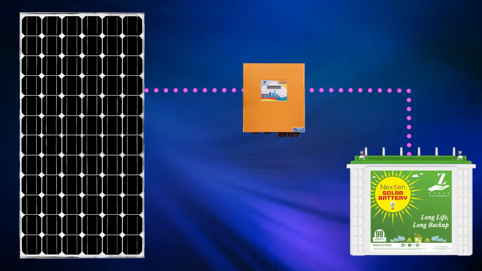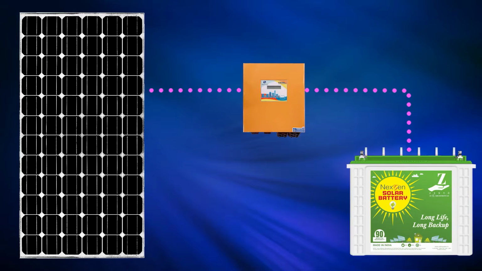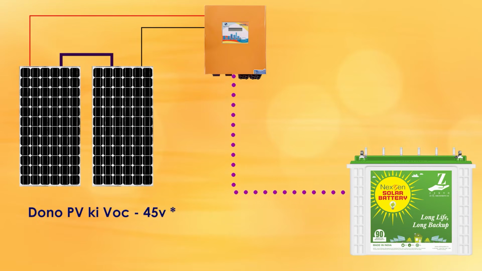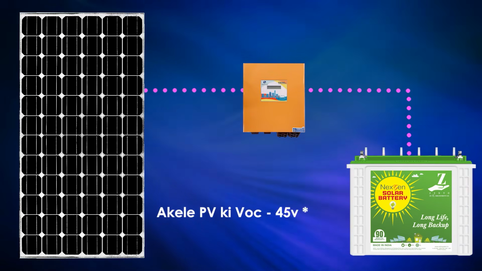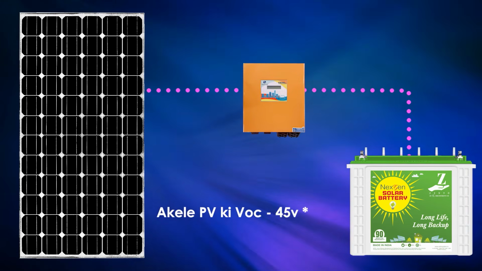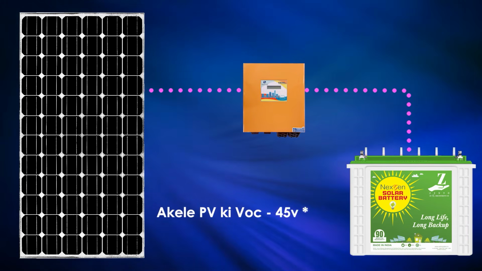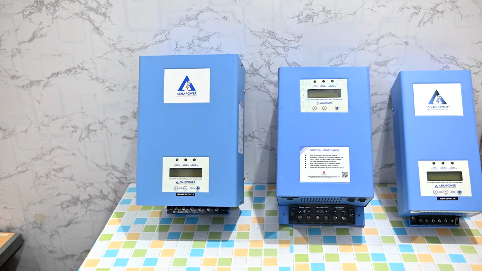So from these two examples, you now understand that if you use a 12 volt panel, its VOC range is low. That is why you can connect it in series. And if you directly use a 24 volt panel, then its VOC range is already at the maximum according to that solar charge controller. So you can connect only one panel in parallel. And as far as possible, when you are buying a solar charge controller, try to buy one with the highest VOC range you can get.